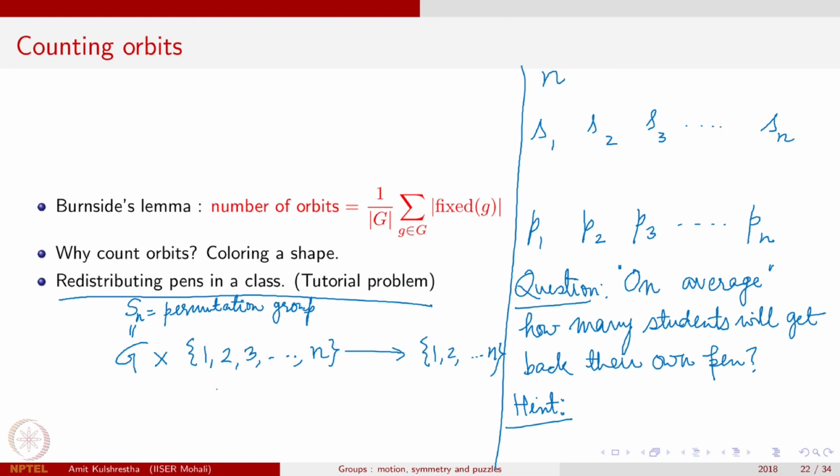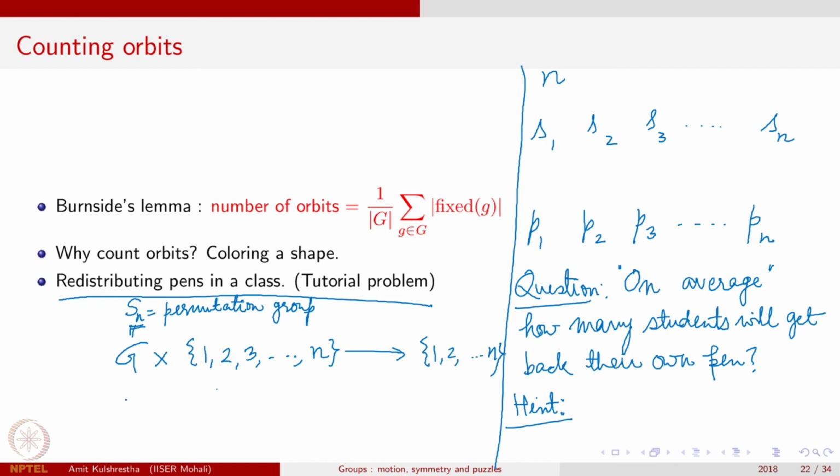There are n factorial possibilities of permuting n objects. Of course, we are assuming that those objects are not tied to each other. There is no restriction in the permutation, we are permuting them as discrete, independent objects. Okay. So, that is the permutation group, the notation for it is Sn, and the action which is happening in this problem is this.